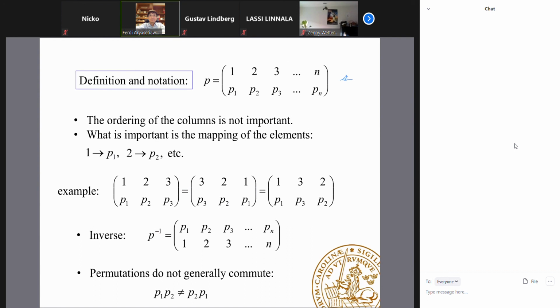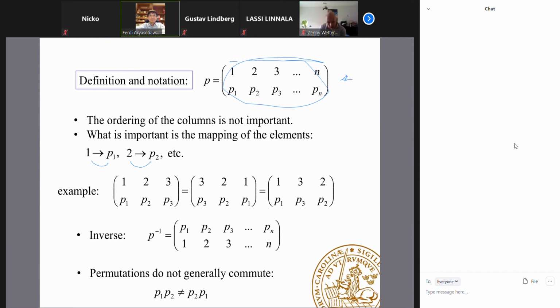That's one way. One important thing is that the ordering of the columns is not so important. What's important is the mapping. So for example, 1 goes to P1, 2 goes to P2, and so on.